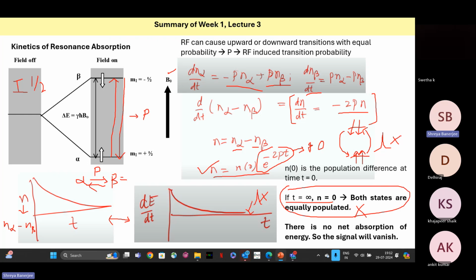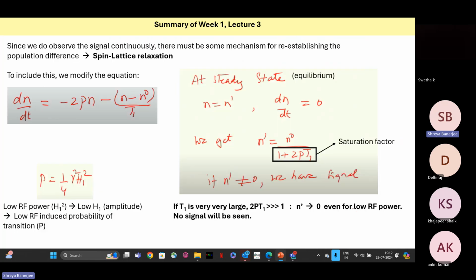The spectra persists. Why that happens is spin lattice relaxation. Even if you have a case where the lower and upper levels are equally populated, you have to remember spin lattice relaxation is a phenomenon that exists.